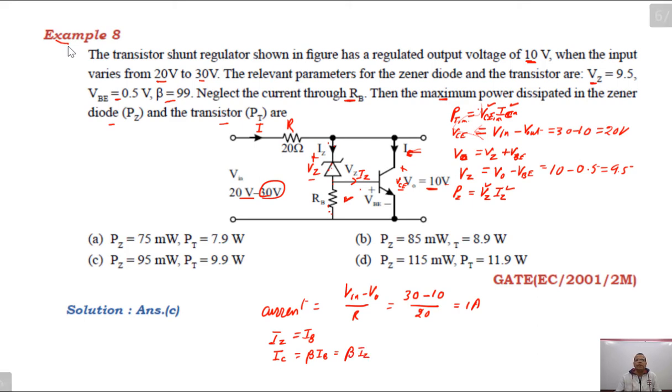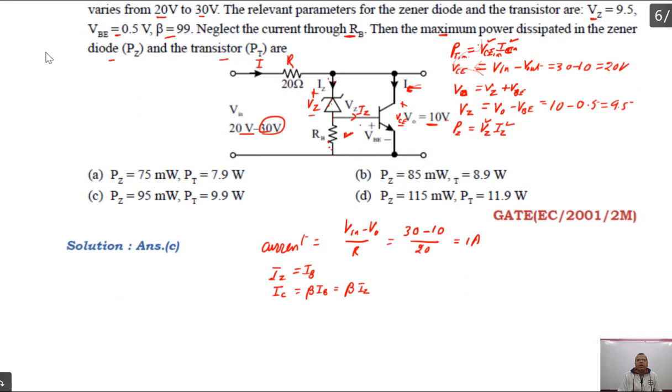Now please see here, the current from the supply, I, is equal to what? I is equal to the Zener diode current plus the collector current of the BJT. Why? Because this current is nothing but the collector current. So the current coming from the supply is the Zener diode current plus the collector current of the BJT.